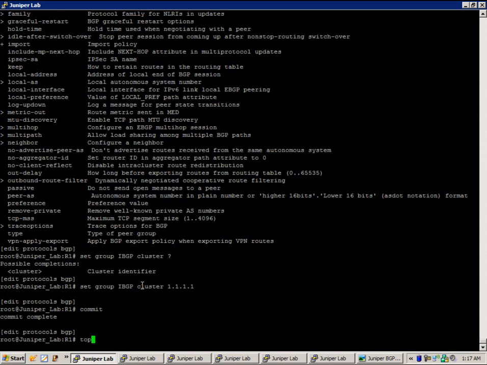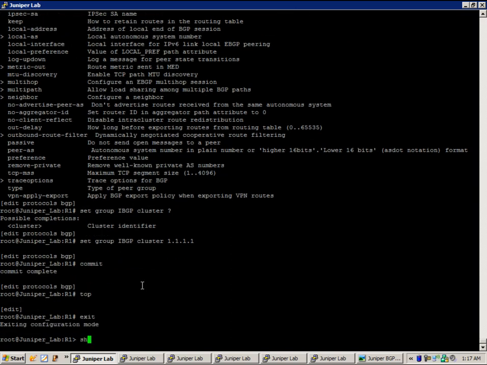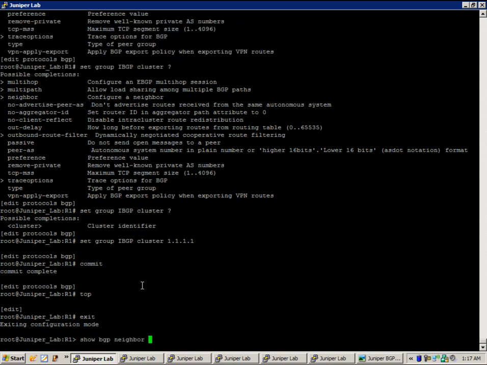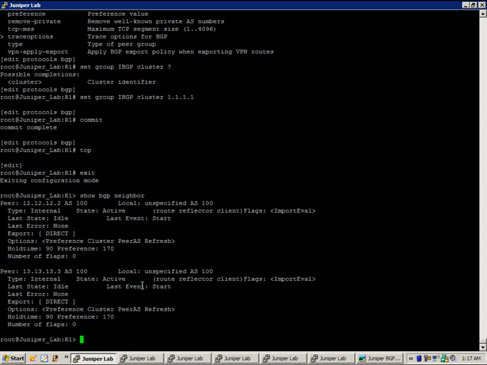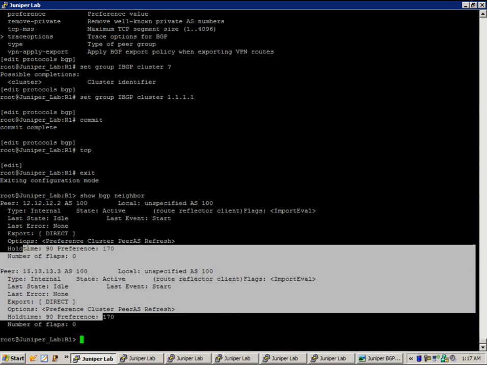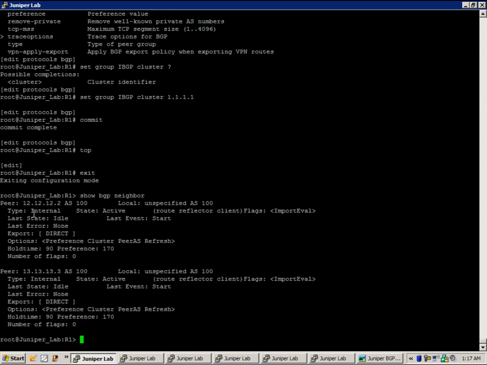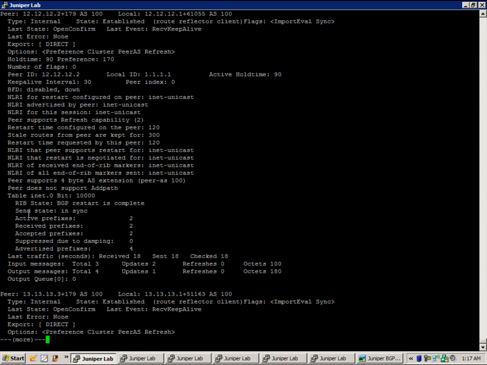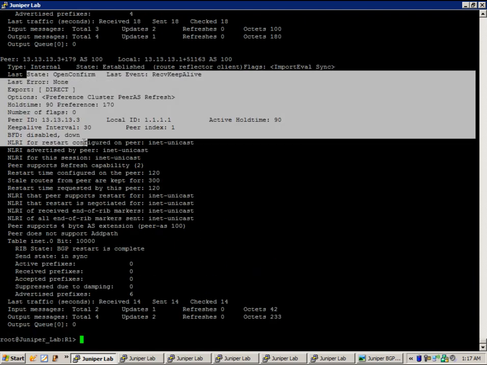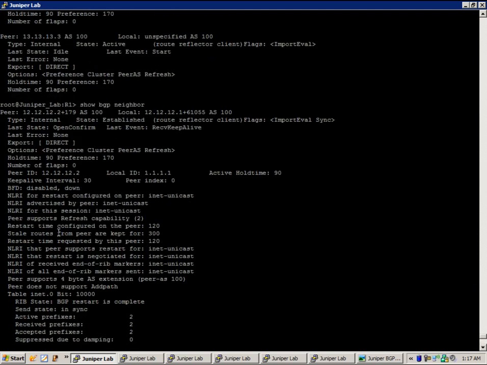And what I want to show you is the first thing. If I do a show BGP neighbor, we can see that right now our neighbor adjacencies are being reformed. So if we do a show BGP neighbor, we can see that our adjacencies are now up.